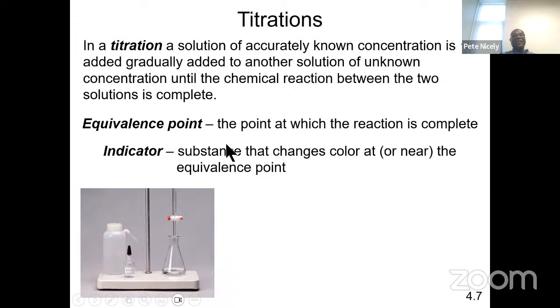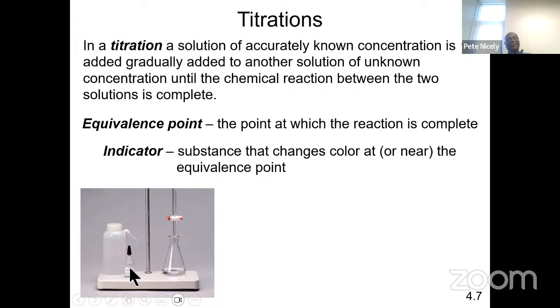Now, as I said before, the indicator takes on a particular color depending on the acidity or basicity of the solution that you add it to. The indicator that we use in our experiments is known as phenolphthalein. And that indicator is colorless in acid, but pink in base.